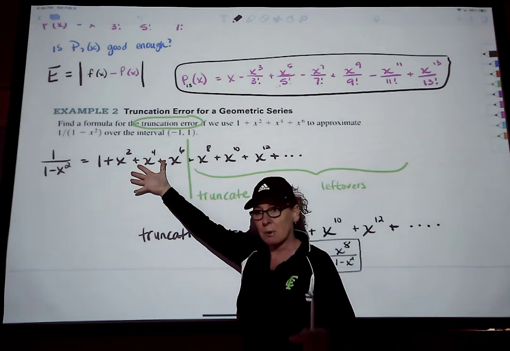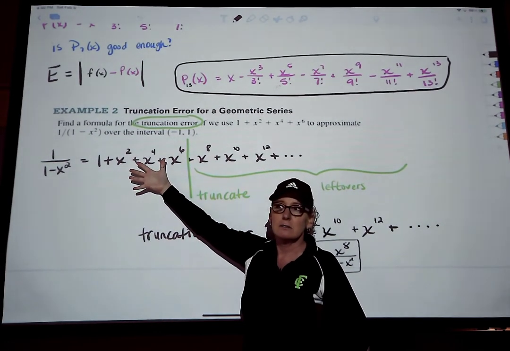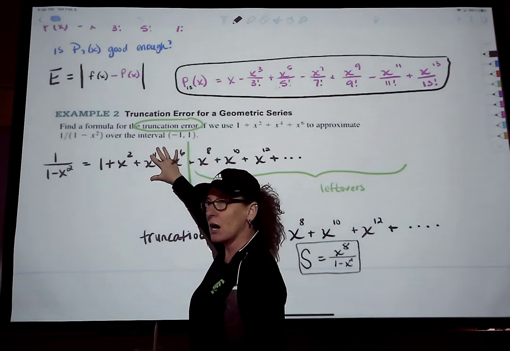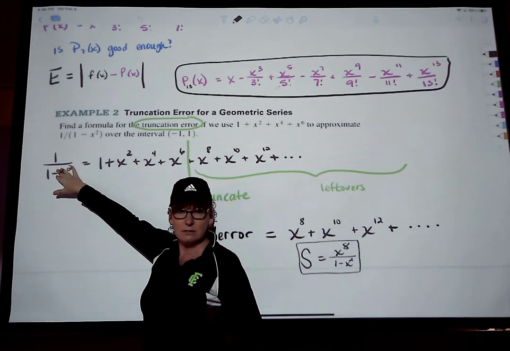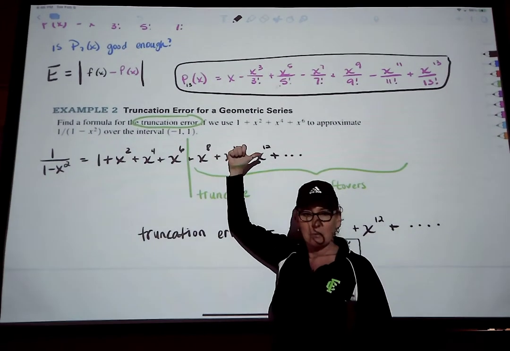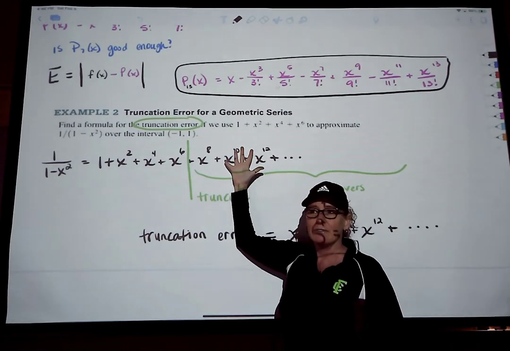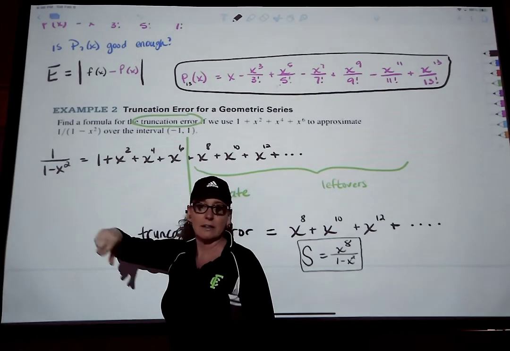If we're just looking at a polynomial, we know that when I do this math, I'm not quite going to get this. Why am I not quite going to get it? Because I left out all of this. If I leave out all of this, then this won't equal that.